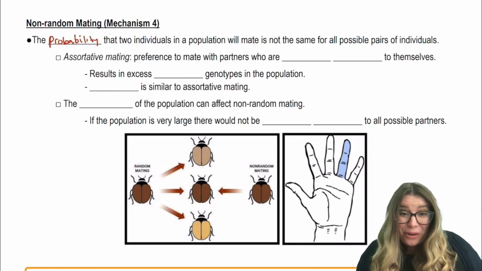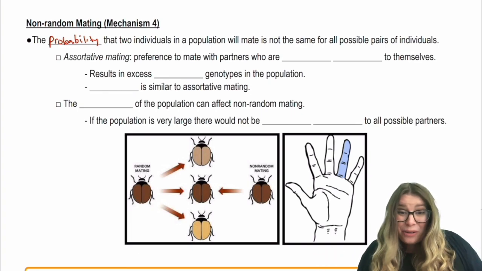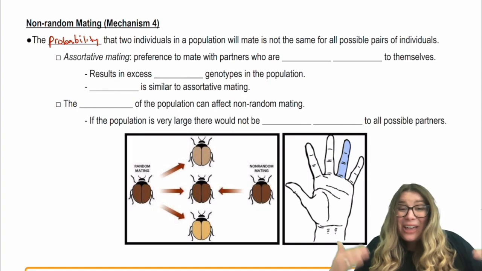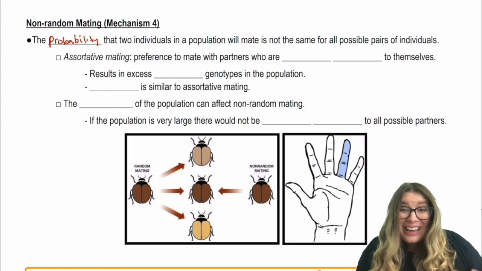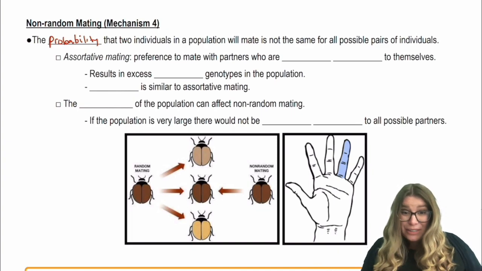Think about if you were going into a bar. If you had random mating, your mate would be the first person that you came across. That would be your mate. Non-random mating usually doesn't happen that way, because we usually choose our mate based off of some characteristics that they have.